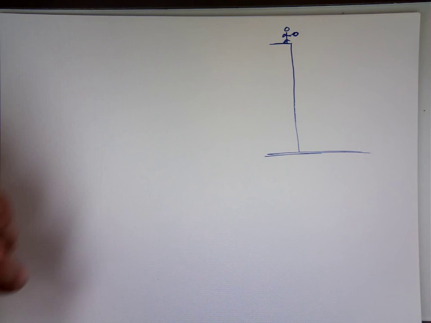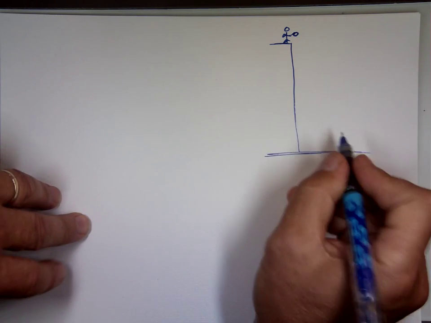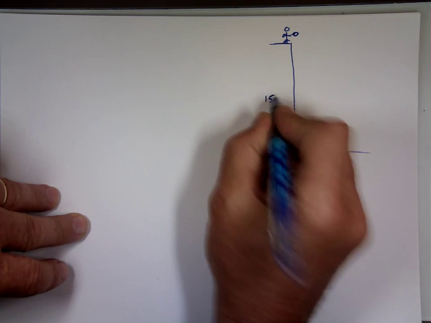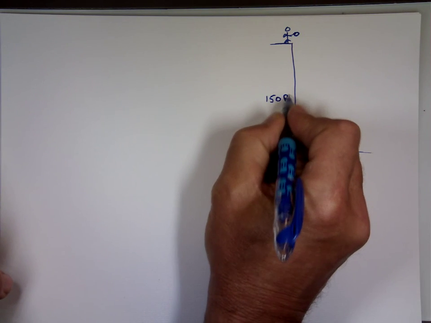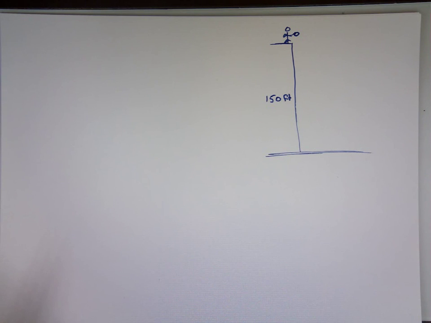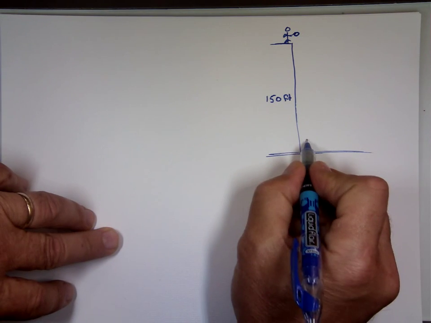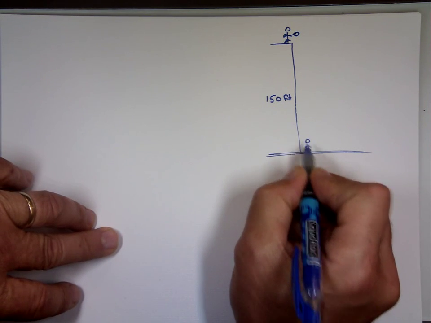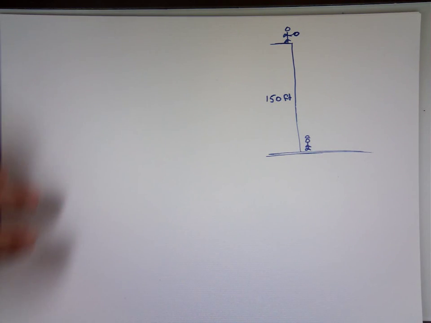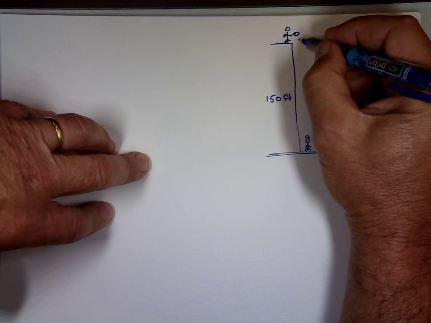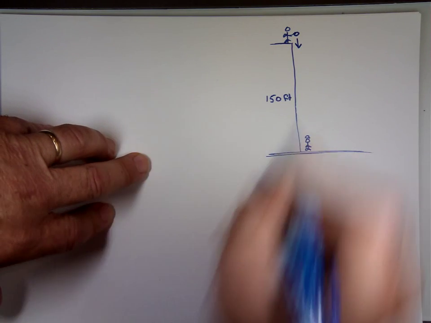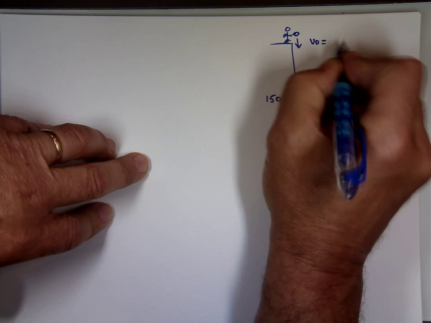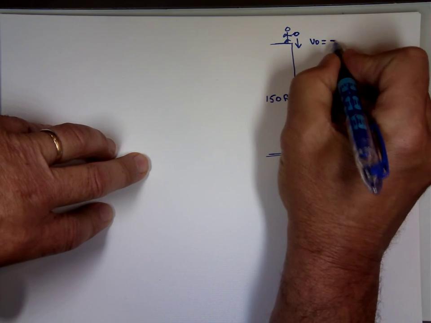The height of the building is 150 feet. And you see your calculus teacher coming out of the building, and you're mad because you just had a test, didn't do well on it, and you threw the water balloon straight down with initial speed of, it's coming down, so it's -5, because down is negative, up is positive, feet per second.